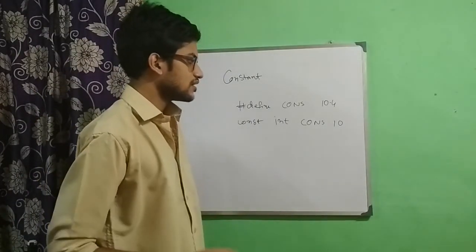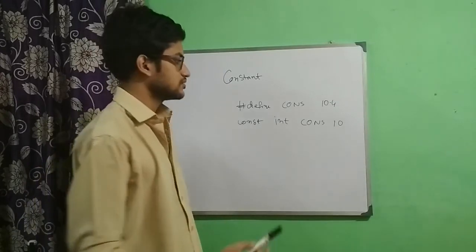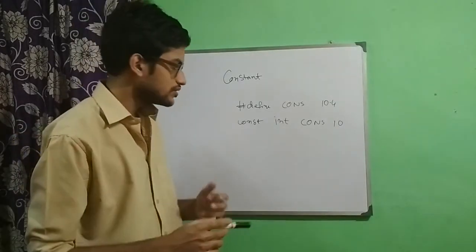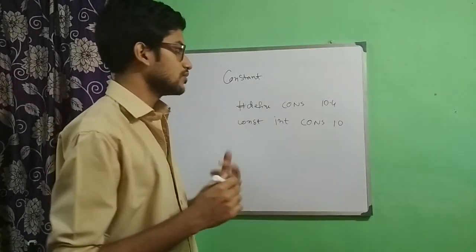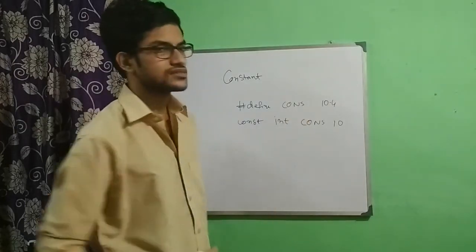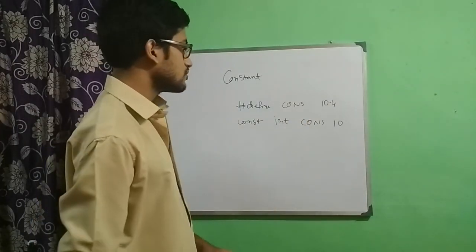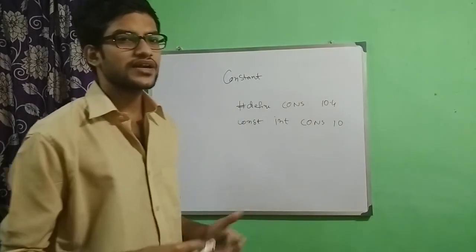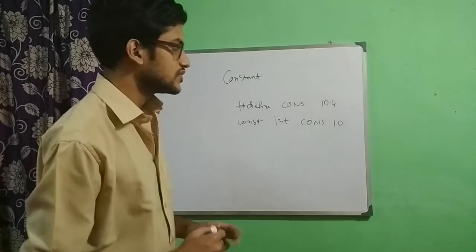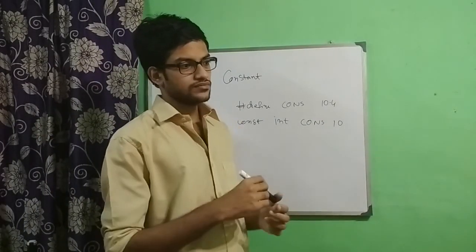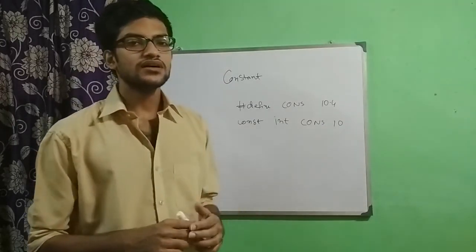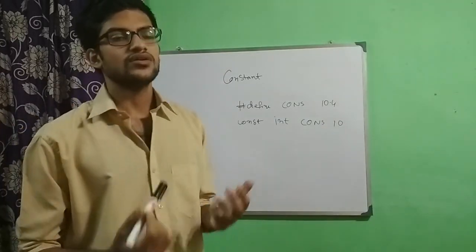So why am I writing the identifier in uppercase? Because this is the convention. When we look at the identifier, you can definitely write cons in smaller case. It is not mandatory to write in uppercase, but this is the convention because it will let you detect whether it is a variable or a constant.